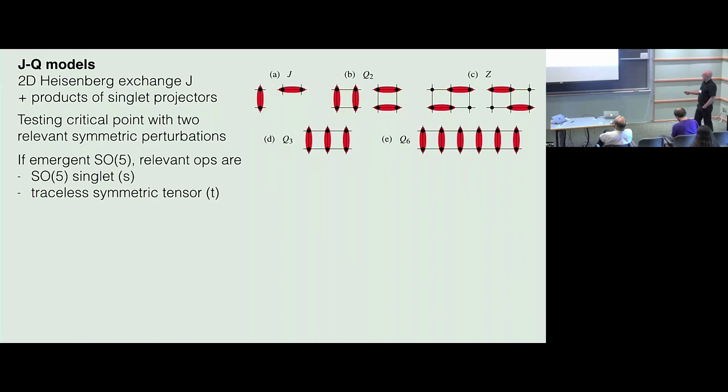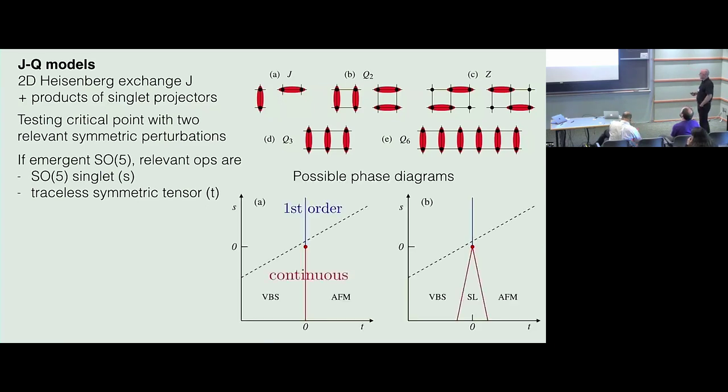So as he explained as well, when we think of emergent SO(5), we expect that we should have actually an SO(5) relevant singlet and also this traceless symmetric tensor, which corresponds to an operator that takes you from the Néel to the VBS, right? So changing, violating the SO(5) symmetry.